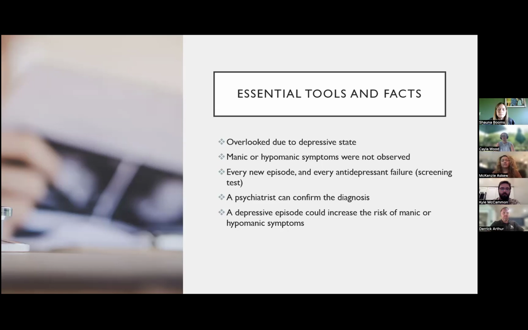Oftentimes when somebody's diagnosed with bipolar disorder, they're in such a depressive state that other factors such as genetics and environmental factors can play a role in the diagnosis, and in turn the psychiatrist can go back through and evaluate that all in its entirety.